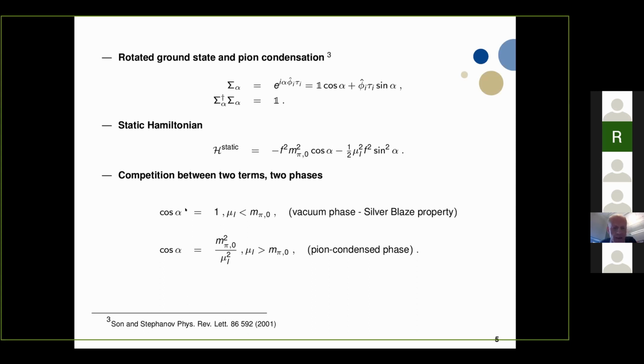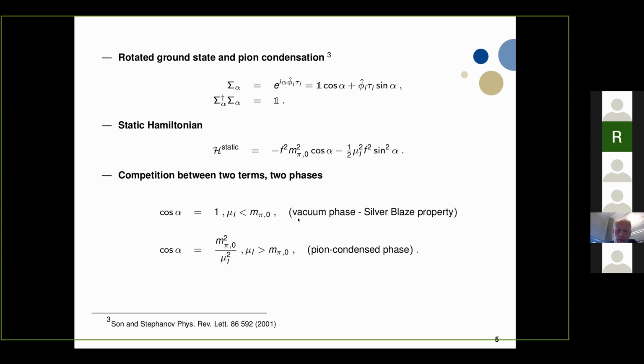That value of alpha is easy to figure out, and I've just shown the two possible solutions. So for mu I starting from 0 all the way up to the pion mass, alpha is 0, and otherwise cosine of alpha is given by this equation.